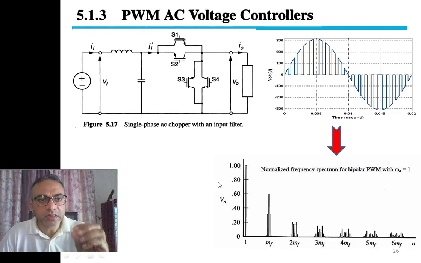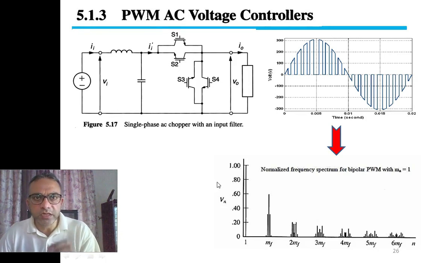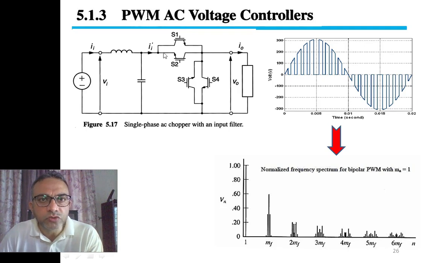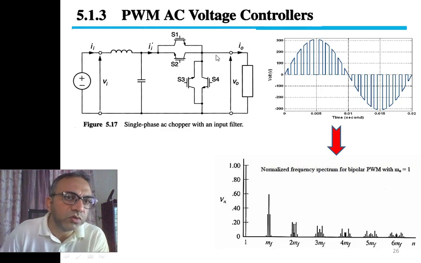And to make things worse, please understand that when we turn on S1 and S2, at that time input current flows through the filter, flows through S1 or S2 and into the load. This current I1 is coming from your power system. If you do not use the filter, then all of these unwanted harmonics will be injected into the power system.